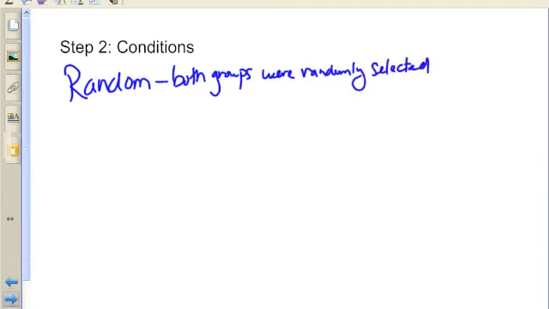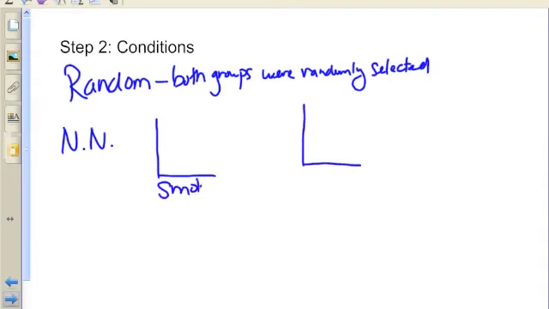That's given in the problem, so we're okay there. The next one is nearly normal. Since we have two groups, we would need two graphs. A graph for the smokers, a graph for the non-smokers. Okay, that's really important. Two groups, two graphs.